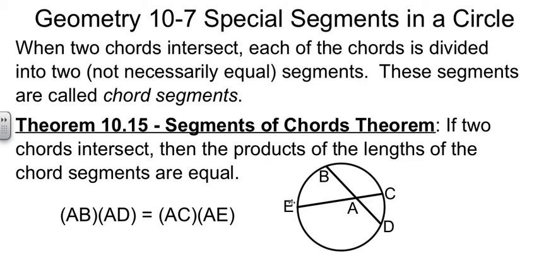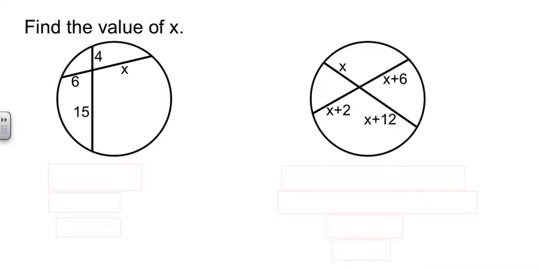It's really all about similar triangles. If we connected BE and we connected CD, these two triangles would be similar. Then we could write ratios from the definition of similar triangles and then cross multiply to get this expression, if you happen to need that at some point.